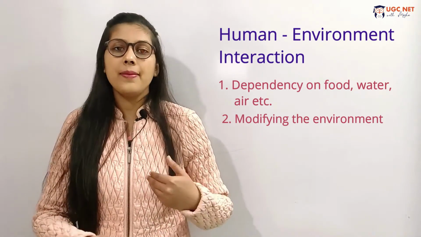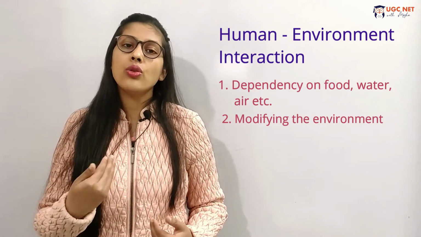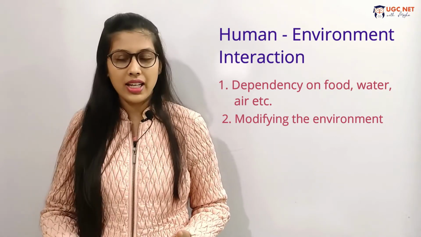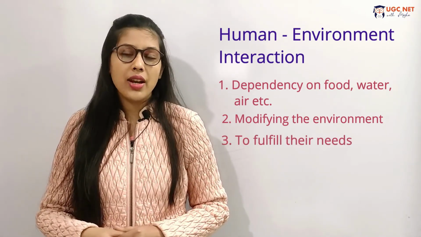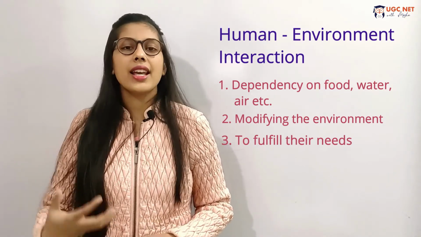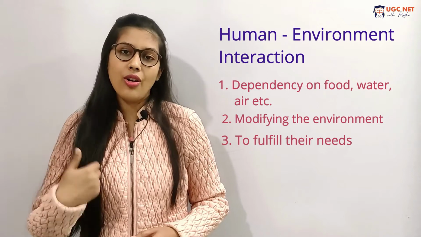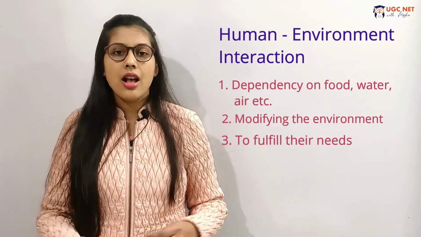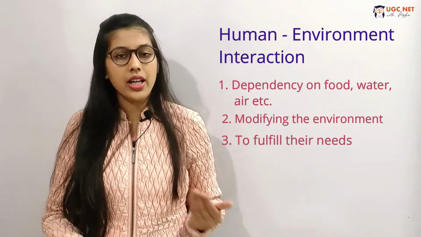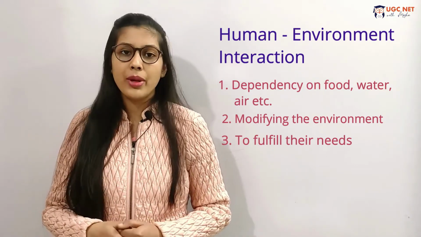So it means that they change the environment to suit themselves, and the change can be positive as well as negative. And lastly, using the environmental resources to fulfill their needs. So basically humans exploit the environmental resources in order to earn a living. In some or the other manner, we all are exploiting some or the other environmental resource just to make a living.